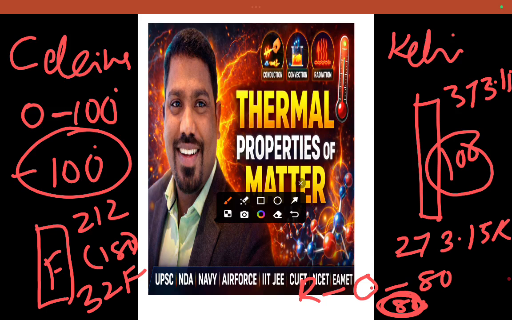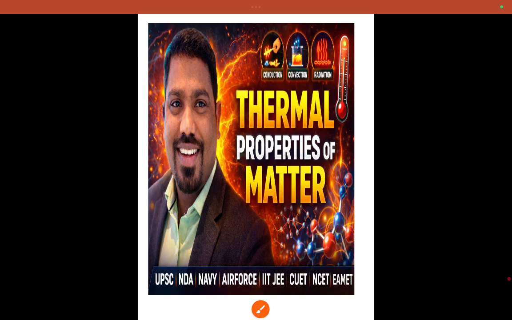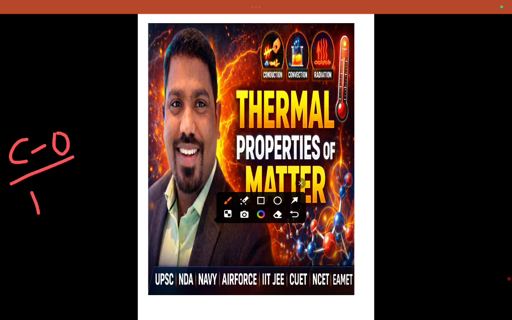Now, how are they related to each other? That also we need to understand. So here we have a simple logic comparison. In the Celsius scale, the reading starts at 0, the lower fixed point, and the upper fixed point is 100.